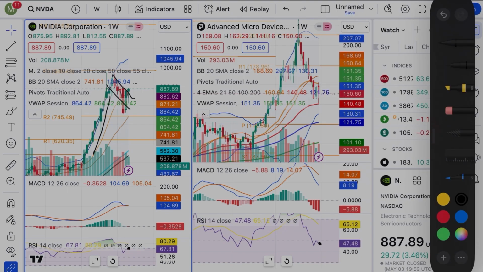The bull flag isn't confirmed until it breaks that line right there, but it looks like that's the direction we're going. It came down to the pivot point, using the pivot point as an area of support, and now it's going in the upward direction. For some reason, I feel like AMD looks like it has more room, at least on the chart, to run than NVIDIA does.